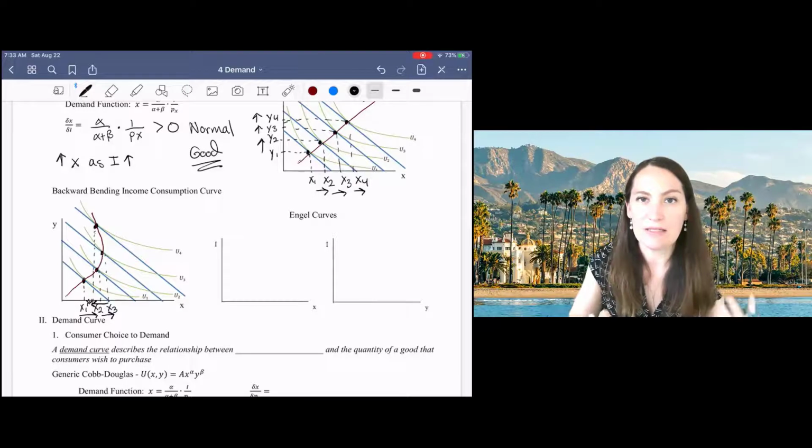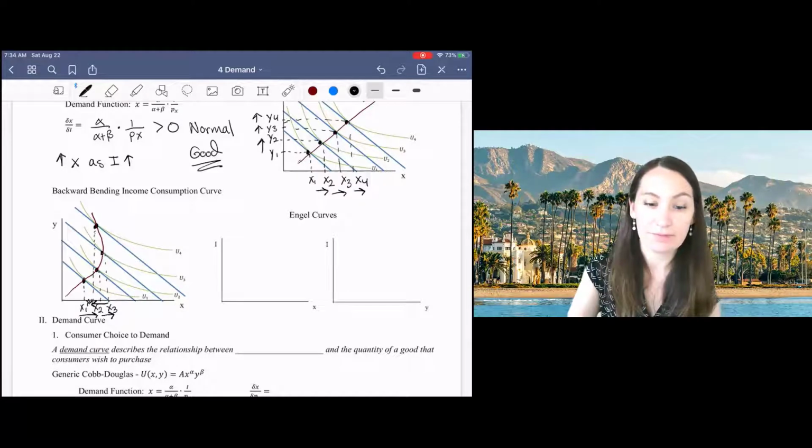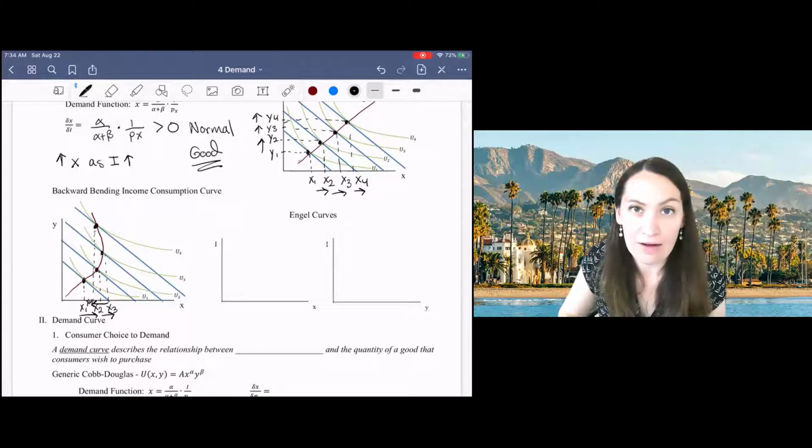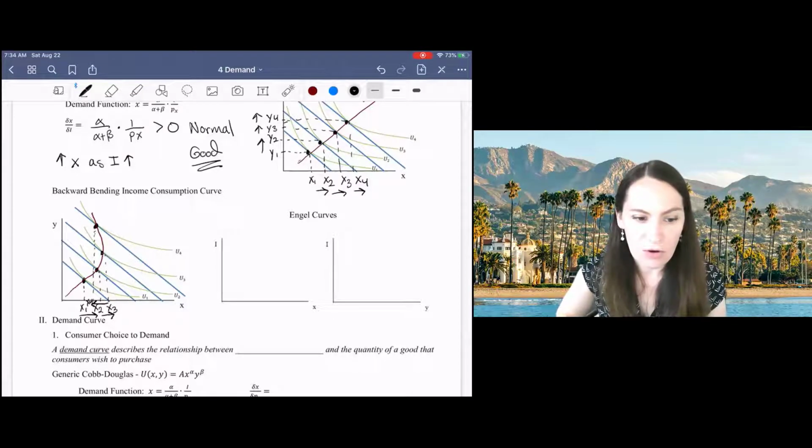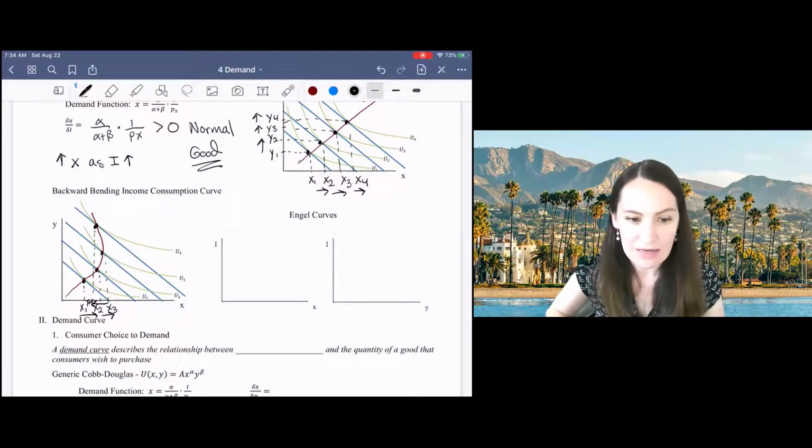So based on this income consumption curve, I could plot the relationship between income and consumption of X, and that is what I would call an Engel curve. So here in this graph, I have I on the y-axis, income, and X on the x-axis. So just exactly what we've done here for different levels of income.